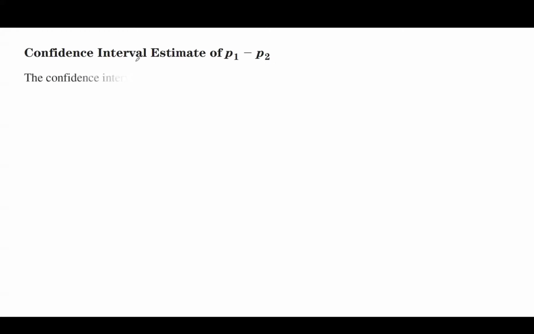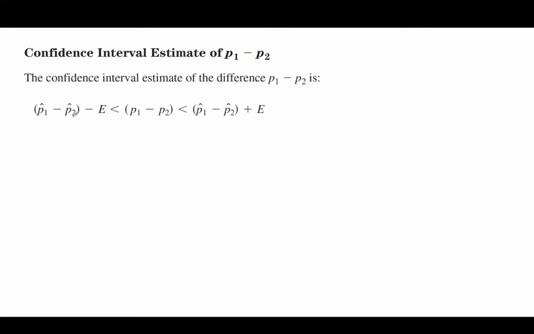In order to construct a confidence interval estimating the difference between population proportions, the confidence interval estimate is denoted by P1 minus P2, which is bounded between the difference between sample proportions minus the margin of error, and on the other side, the difference between sample proportions plus the margin of error.